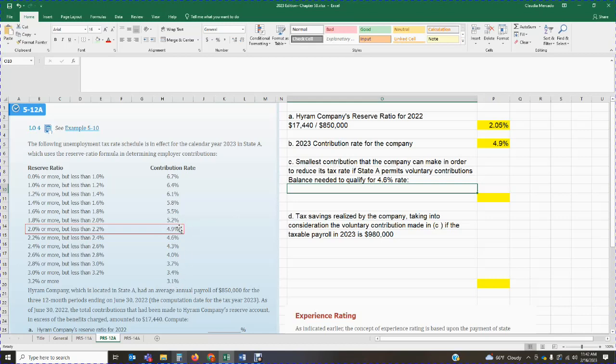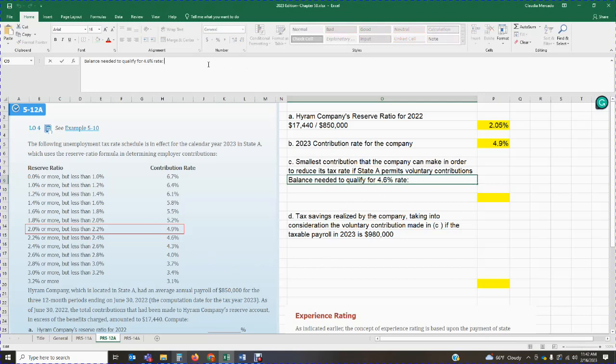They're asking what is the smallest. So how much do I need to contribute to go from 4.9 to 4.6? That is basically the question, because the question asks what is the smallest contribution. So the smallest contribution that we can make to jump from this tier of 4.9 to 4.6 is what we're going to calculate.